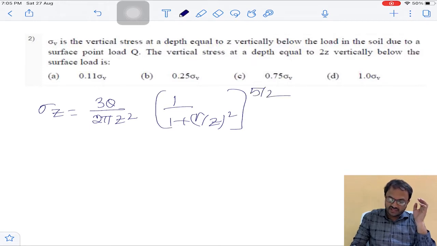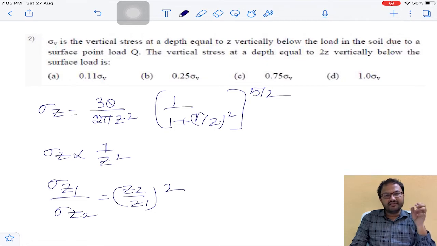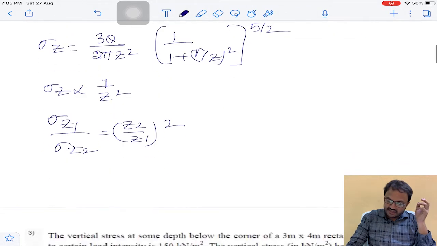So from this expression, sigma Z is inversely proportional to Z square. So sigma Z1 by sigma Z2 is equal to (Z2 by Z1) whole square. He has given sigma Z as the vertical stress at depth Z. Now we need to calculate the vertical stress at depth 2Z, that is sigma Z2.